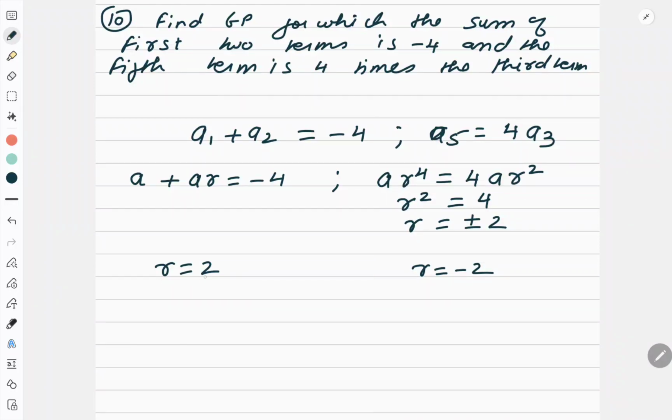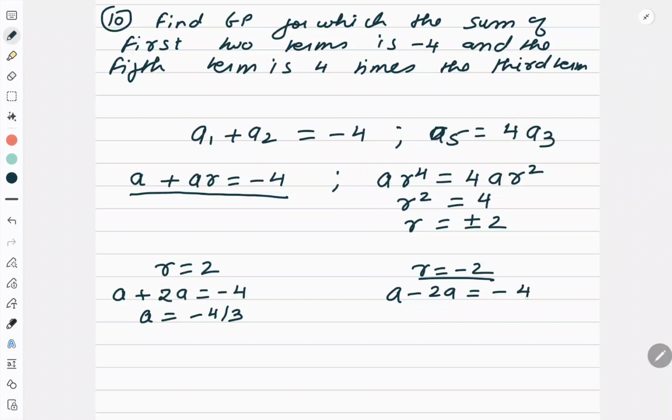Now if I consider R is equal to 2 and if I substitute here, what I'll get? A plus 2a is equal to minus 4. So a is equal to minus 4 by 3. Same way, when I take r is equal to minus 2, so a minus 2a is equal to minus 4.